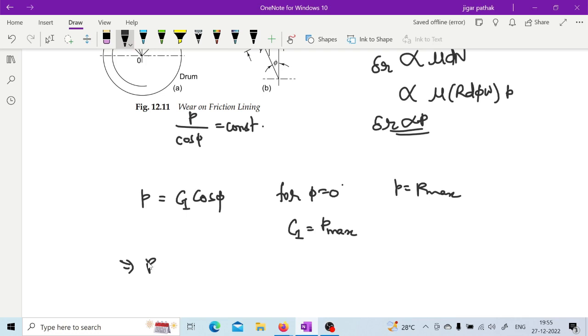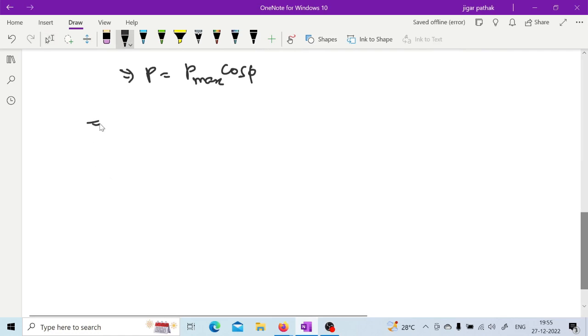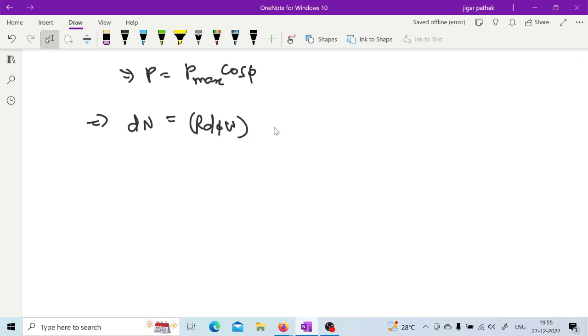Then this equation can be modified as p is equal to p max cos phi. Now you can replace that p with p max cos phi in the equation of that normal force dN which we have defined earlier. So this dN can then be written as r d phi into w, which is area, into p max cos phi.